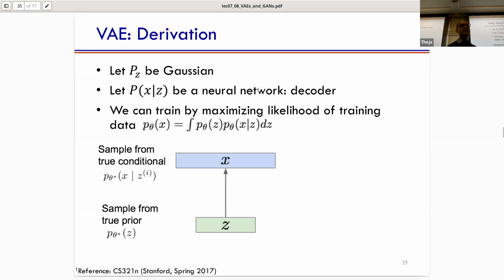Now this is actually pretty hard to do. Maximizing the likelihood of my data, which is maximizing this integral form, is hard to do. That's why we take some steps so that we have some sort of optimization objective. Because otherwise, this is our optimization objective: change the network parameters, where theta represents the network parameters, such that you maximize the likelihood of the data.